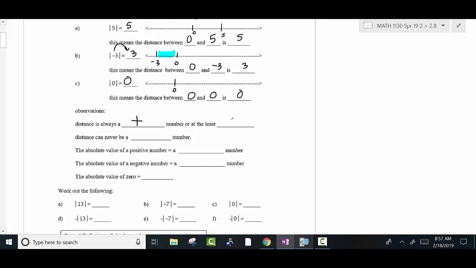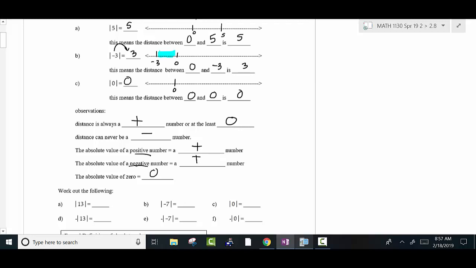The smallest distance is 0, so you'll never get a negative answer when you're doing a distance. Distance can never be a negative number. So it goes like this: the absolute value of a positive is just equal to the positive. The absolute value of a negative changes to positive, and the absolute value of 0 is 0. That's all there is to that.